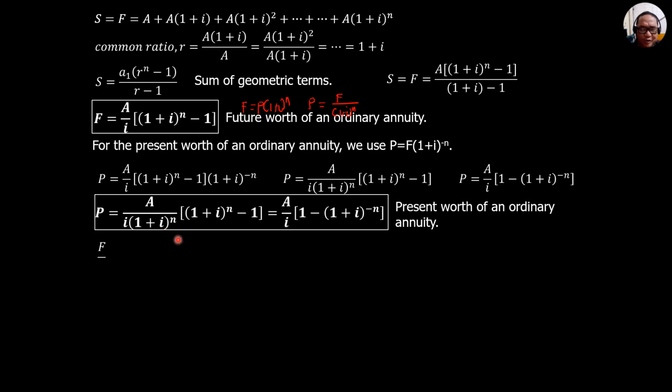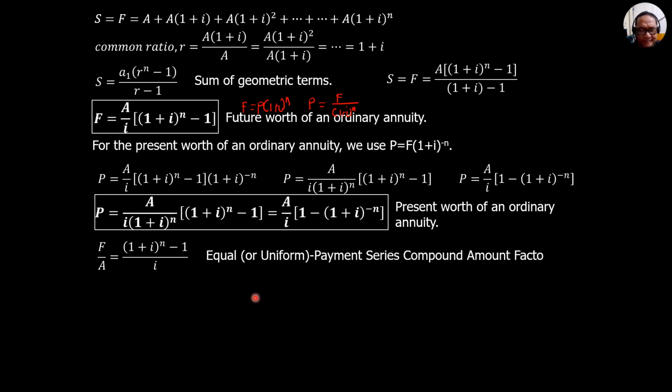So the ratio F over A, which is 1 plus i to the n minus 1 over i, is called the uniform payment series or equal payment series compound amount factor or future worth factor. So take note of that. This F over A, you don't need to memorize this expression here.